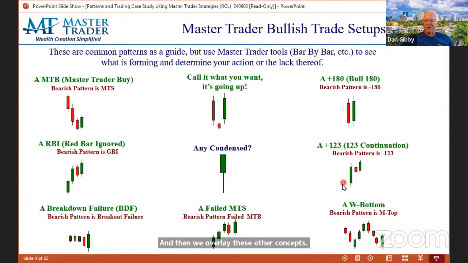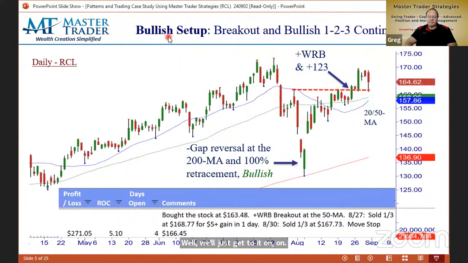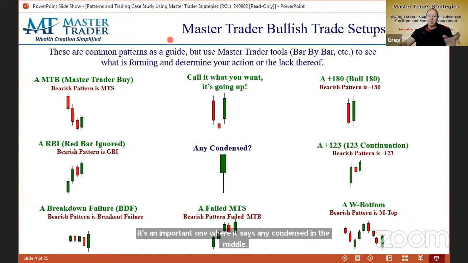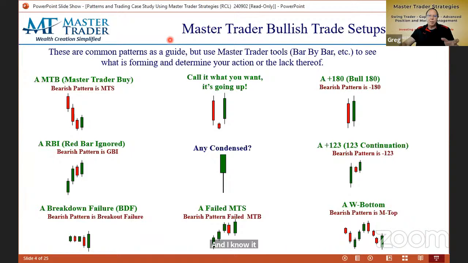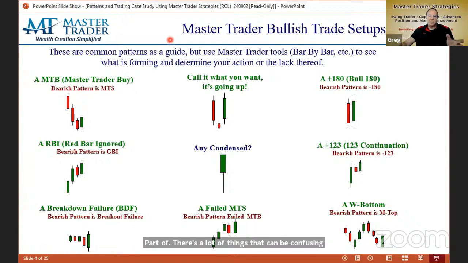I think I'm going to be, well, we'll just get to it on this. So here. Jim, let me take two seconds on that one slide, because it's an important one where it says any condensed in the middle. And I know it was a major hurdle for myself, because as you learn patterns, there's a lot of things that can be confusing about technical analysis.